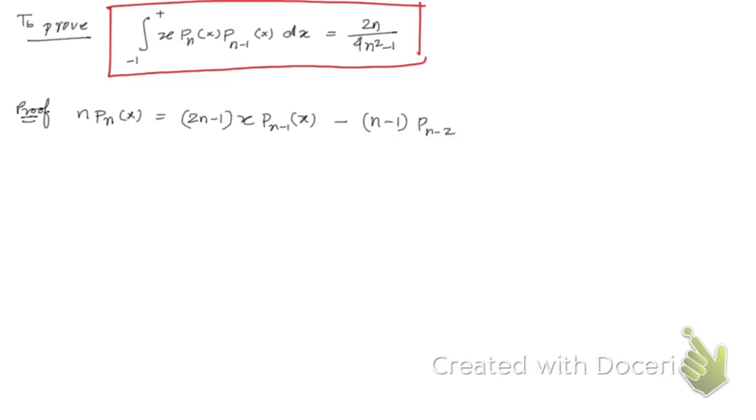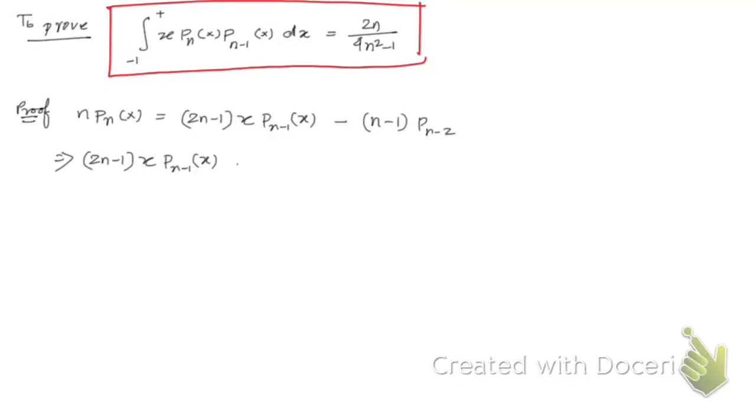Now what we are going to do first is bring this term to this side. Just give me a second. Okay, so I have kept this term on the same side and brought this term to this side.